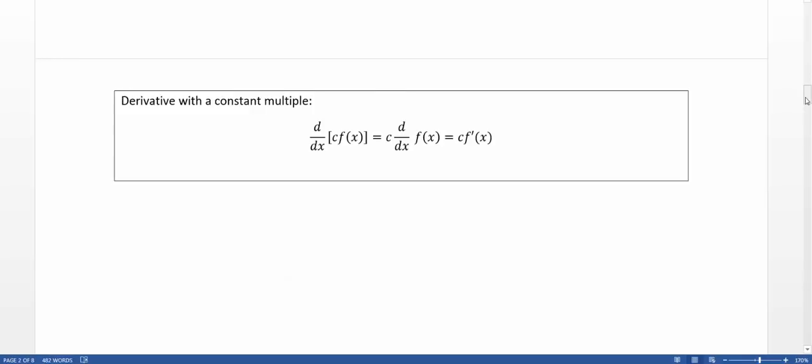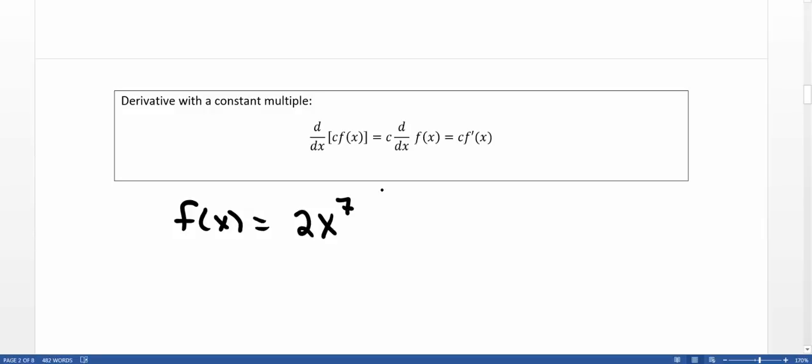Derivative with a constant multiple. So if you have a constant times your function, and you're trying to take the derivative of that, then you can pull the constant out and multiply the constant times the derivative of the function. So what does that look like? Let's look at an example real quick. So suppose we have the function f of x equals 2x to the 7th.